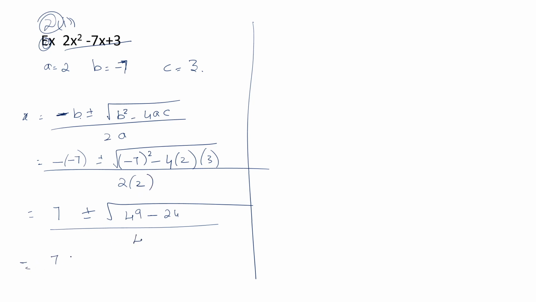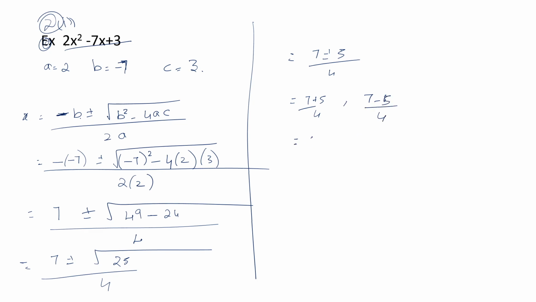Okay, 7 plus or minus how much? Root of 25 divided by 4. 7 plus or minus 5 by 4. So 7 plus 5 by 4 or 7 minus 5 by 4, 12 by 4, that is 3, and 2 by 4, sorry, 1 by 2.